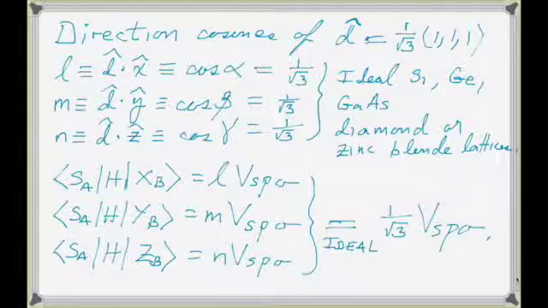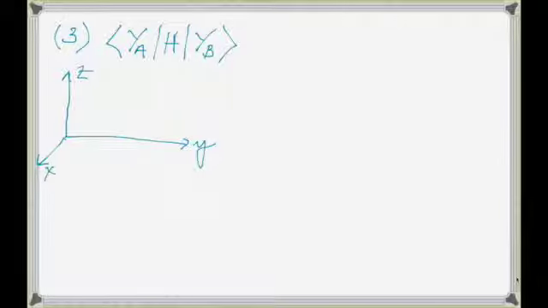Now we need to look at two p orbitals, one on the A atom and one on the B atom. I've got a p orbital sitting here at the origin, plus minus on the A atom, and a p orbital offset by my d vector, and they're both p_y, so this will also be oriented along the y-axis.